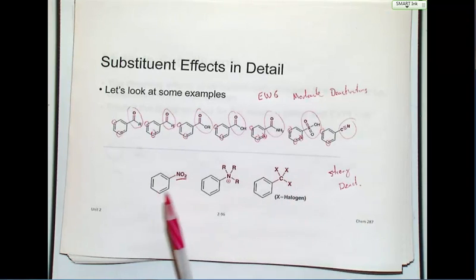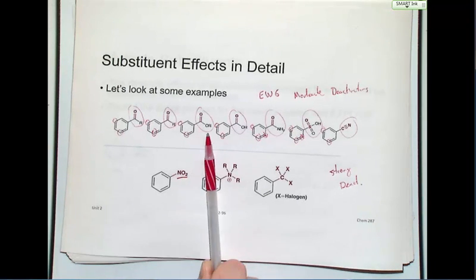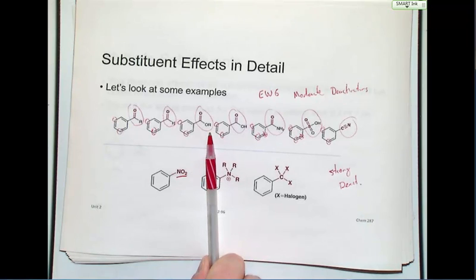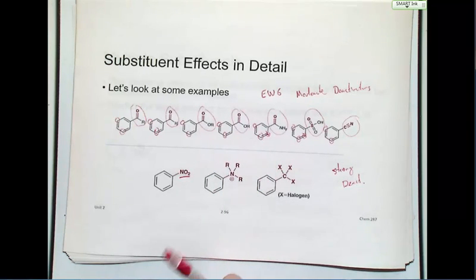So why would a nitro group, for instance, be more electron withdrawing or more deactivating than a carbonyl system, like a ketone or a carboxylic acid or an amide?